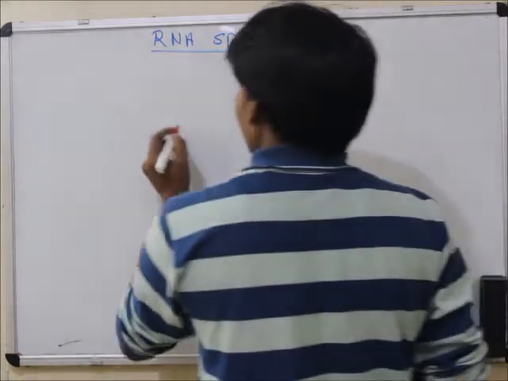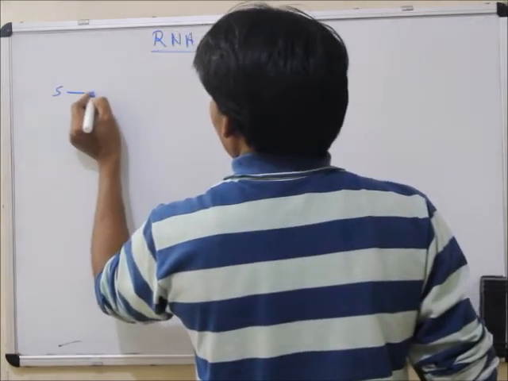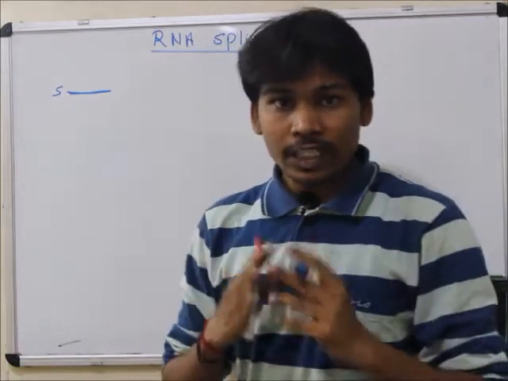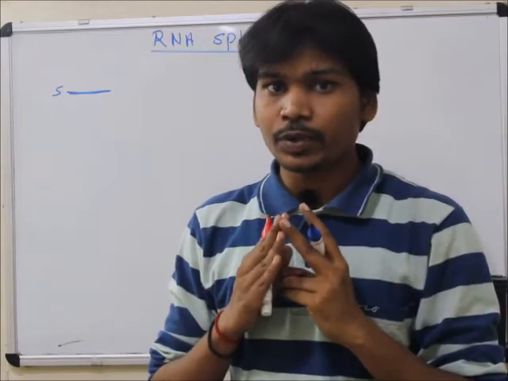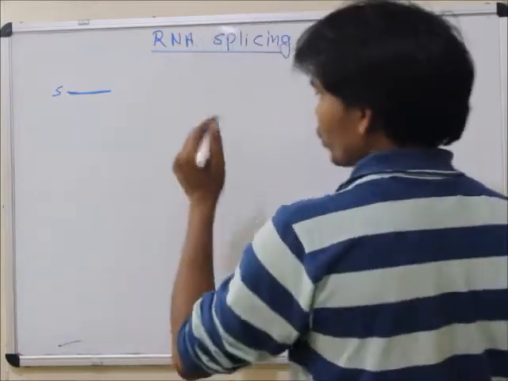Suppose there is the mRNA 5'. RNA splicing occurs at conserved sequences in eukaryotes, GU at the 5' end and AG at the 3' end.